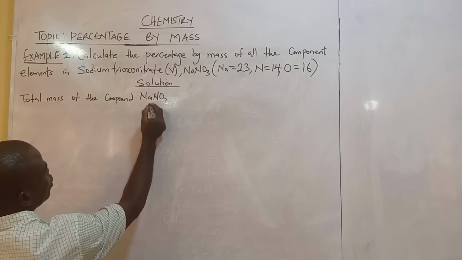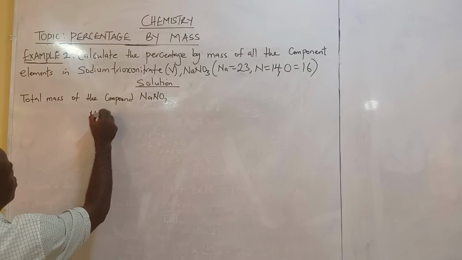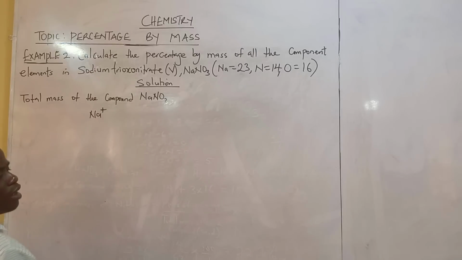Now how do you know the oxidation state? Sodium has a cation of +1.